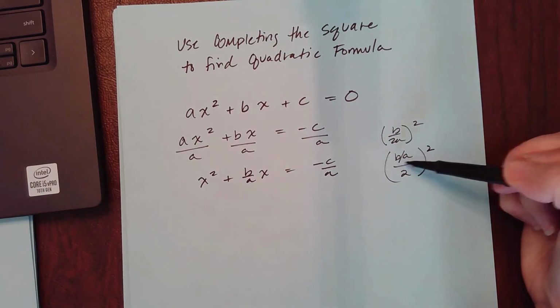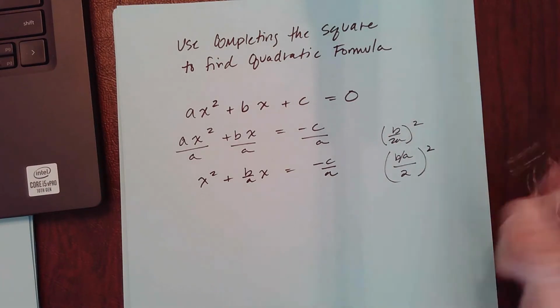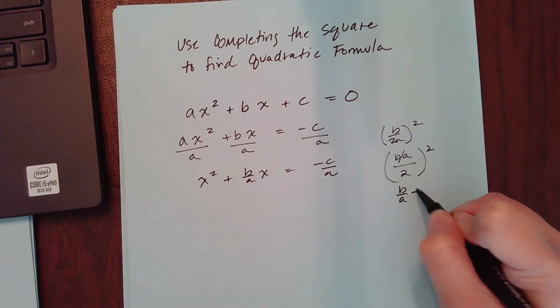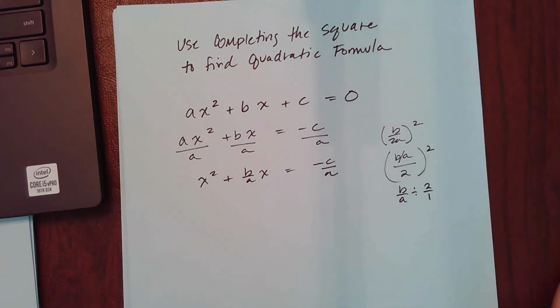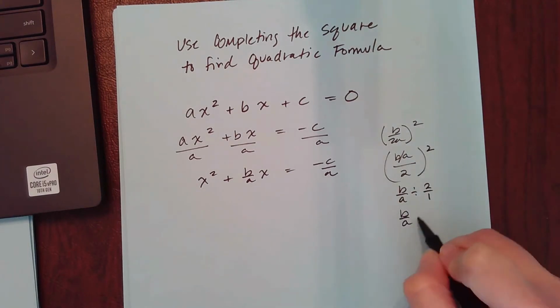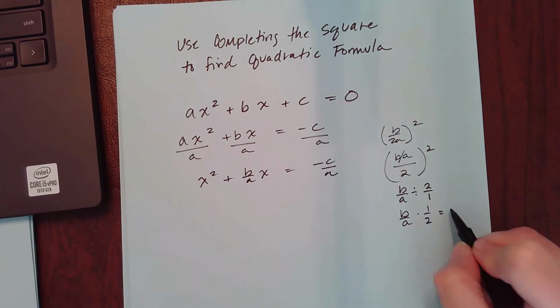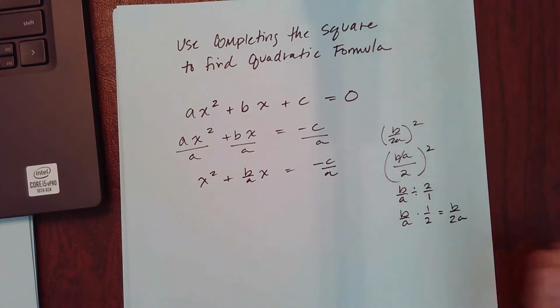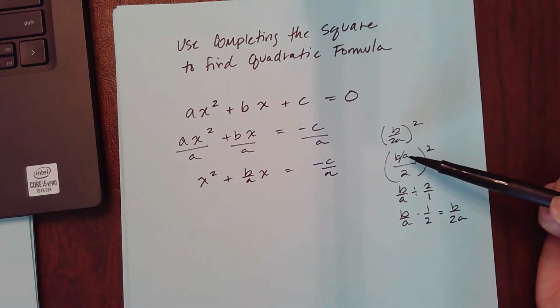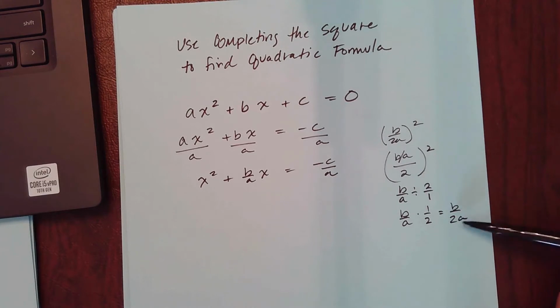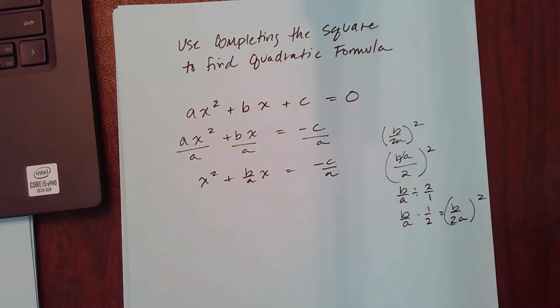So b over a divided by 2. Remember how to divide fractions: you change it into multiplication, and then you multiply. So when I take b over a divided by 2, I get b over 2a, which is a little weird because it's kind of back to where we started. That's okay. And then we're going to square this.